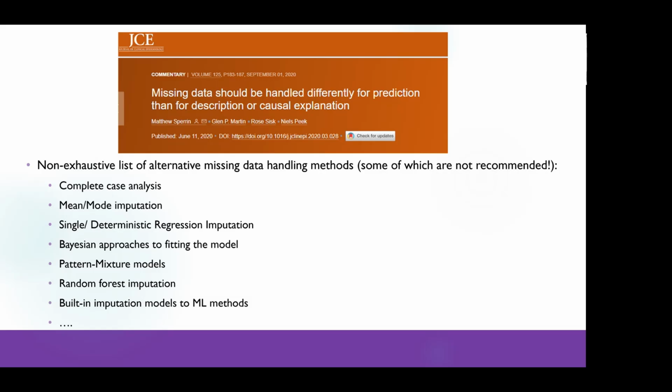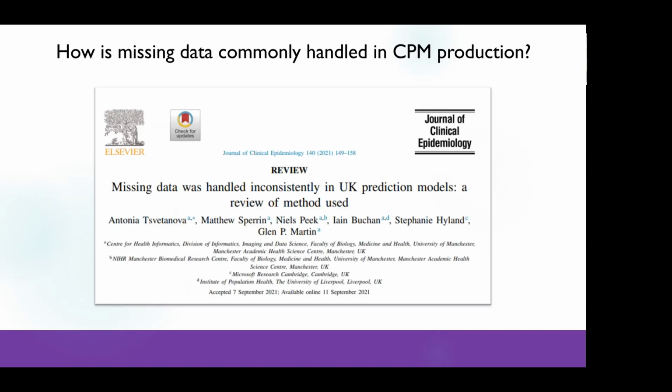Given that we now have access to a range of imputation methods, what we were particularly interested in a few years ago is what methods are used at each of those stages across the planet. This was work led by a PhD student at the time, Antonia, and she was conducting this review looking specifically at what missing data handling methods are used at development, validation, and implementation.